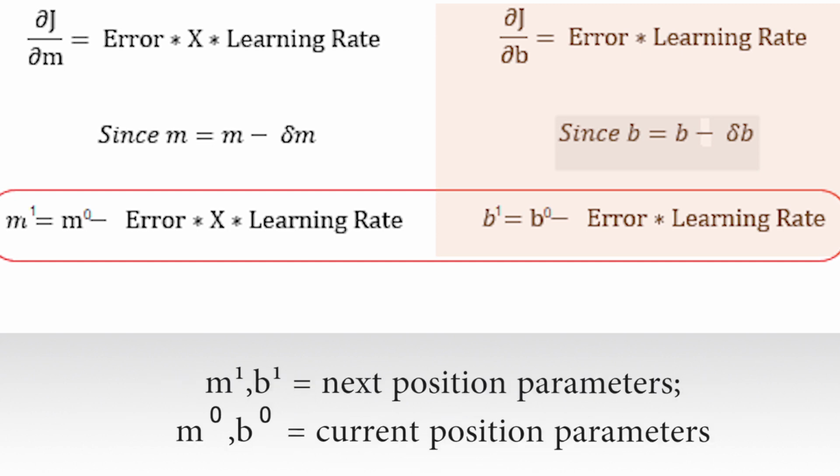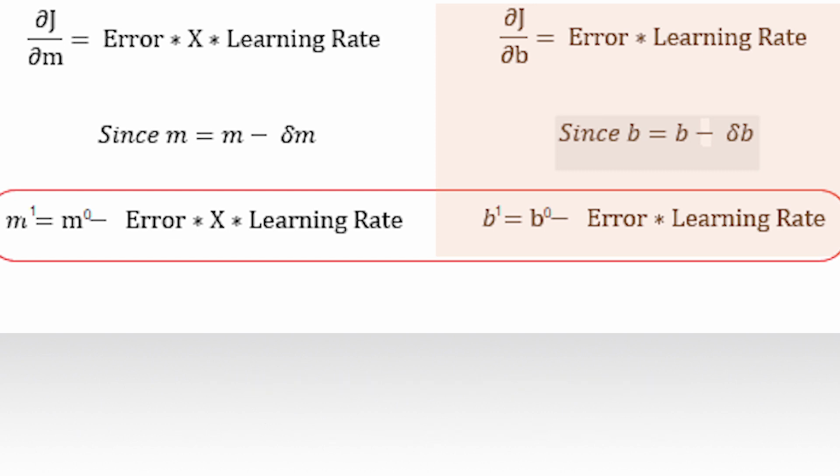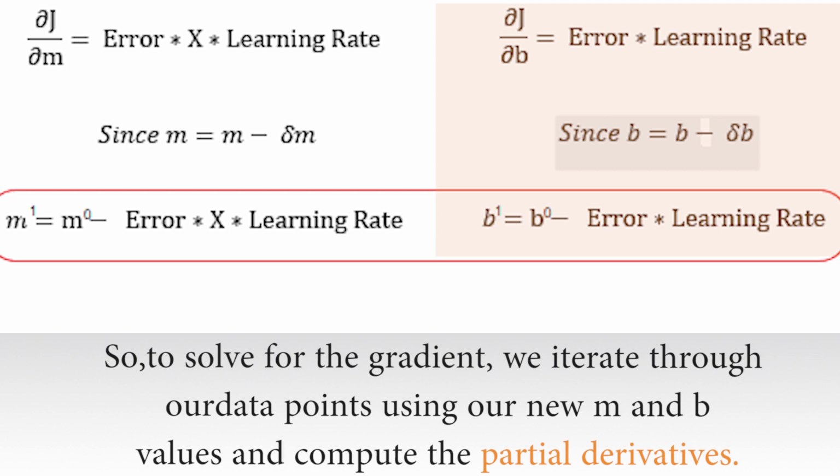For m and b, okay, and the next position parameters, the original m and b, and the new values for m and b, okay? So to solve for the gradient, we're going to iterate through our data points using the new values of m and b, and we're going to compute the partial derivatives once we get to the optimization function, giving us new values for m and b.